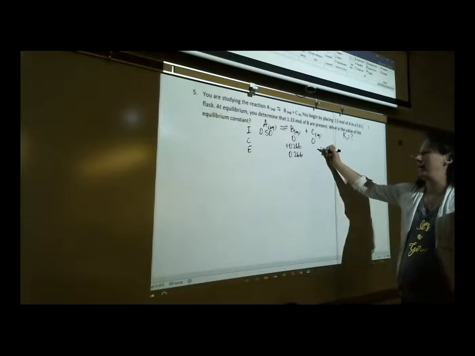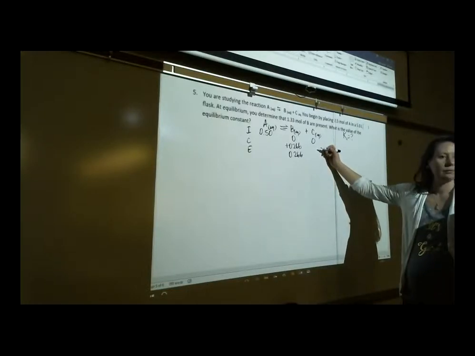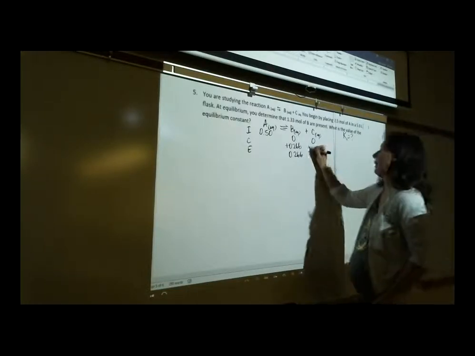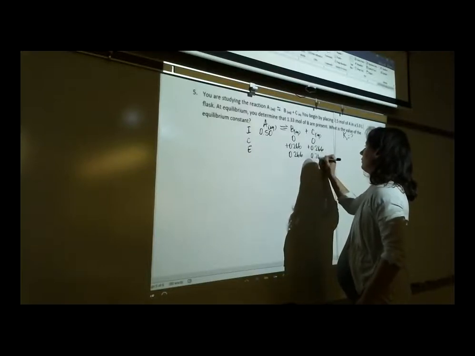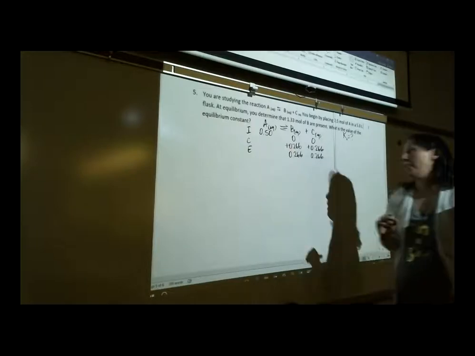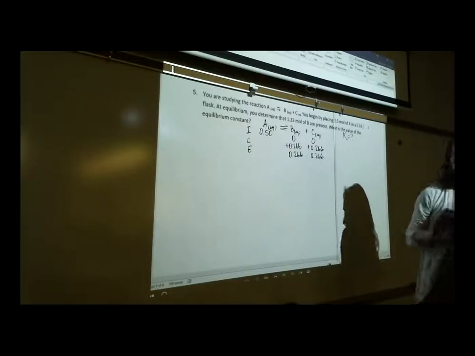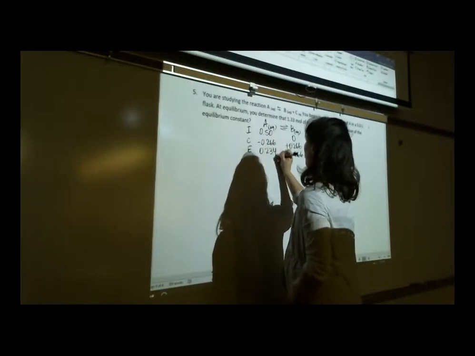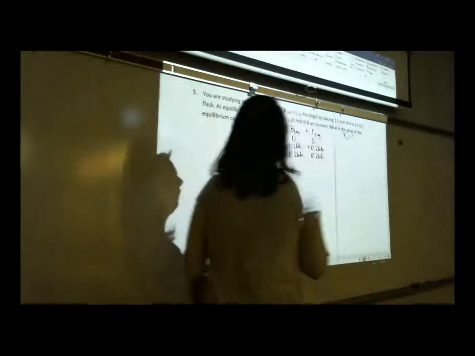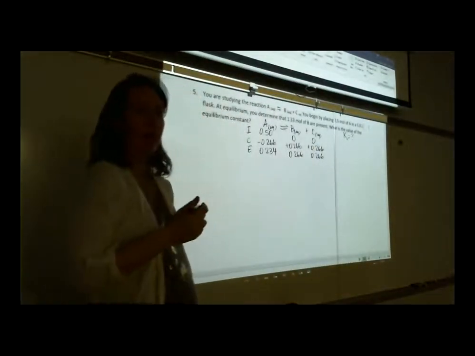So what does that mean happened to C? It went up by the same amount. Okay, what does that mean happened to A? It went down. So that's 0.234. Now, do I have everything I need in order to calculate K? I do.